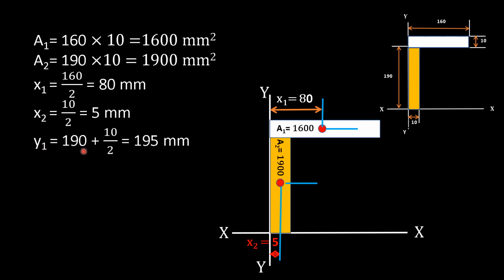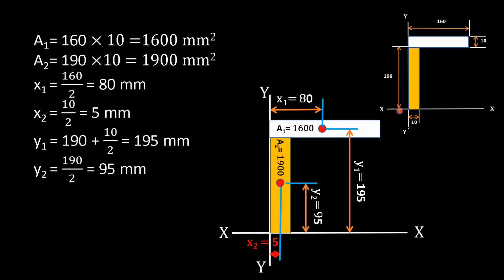Y1 is 190 plus 10 divided by 2, which is 195. Y2 is 190 divided by 2, which is 95.